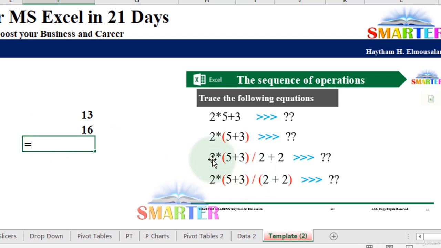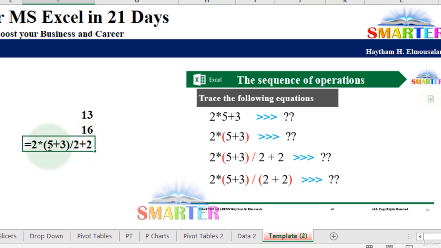The third example here. 2 multiply 2, parentheses, 5 plus 3 divided by 2 plus 2. So here division precedes addition.